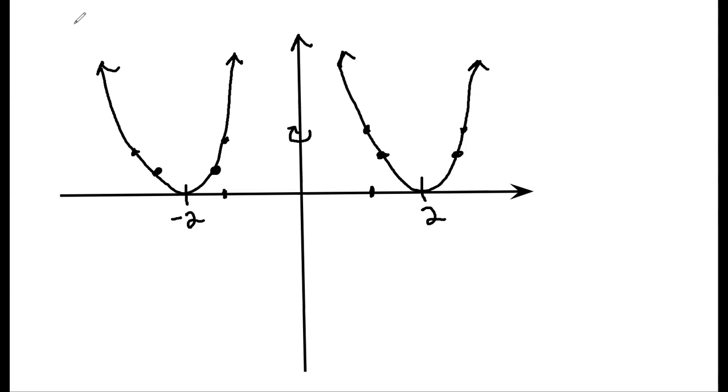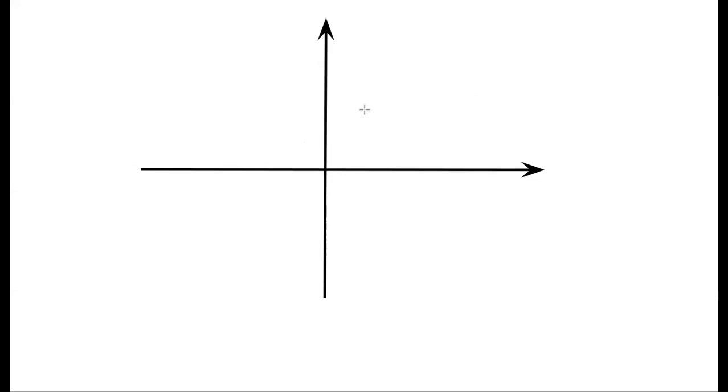Now you can also have something that might have neither. Let's see if I can think of an example. Okay, you can have something that has neither. Let's say you have this squiggly line that just comes out like this.